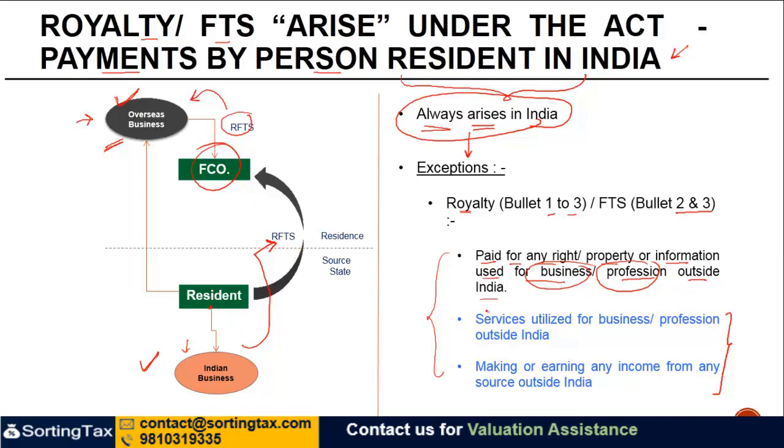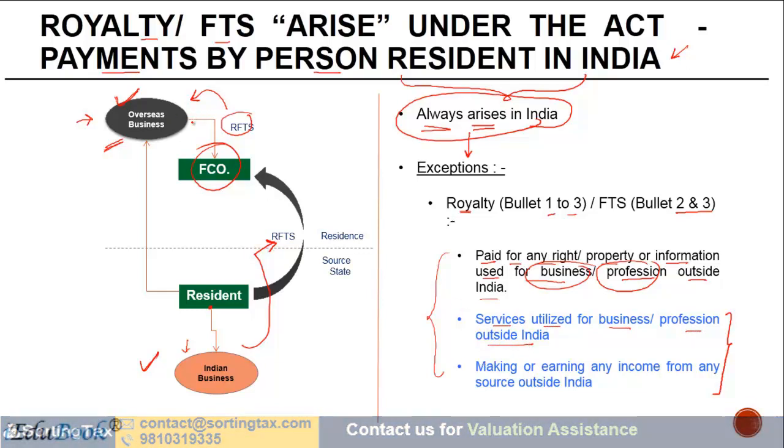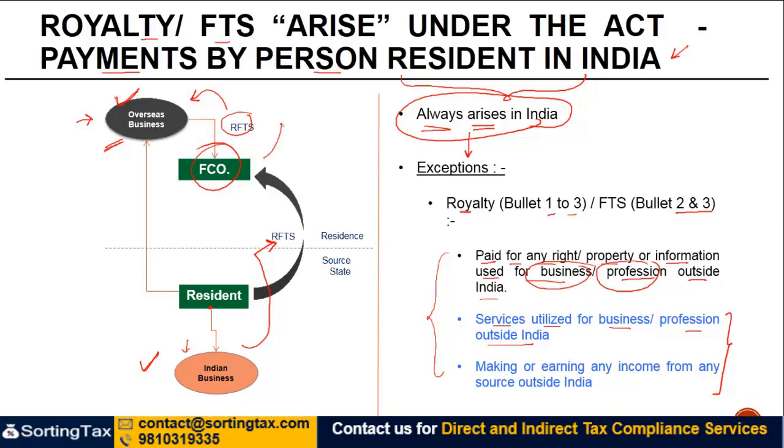Second, services utilized for business or profession outside India. If for this overseas business, I am taking the services from the foreign company, the payment for that is not going to qualify as arising in India, or for making or earning any income from any source outside India.